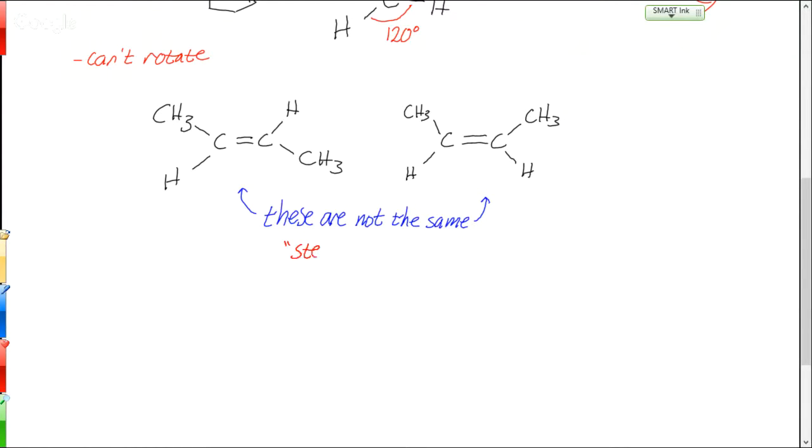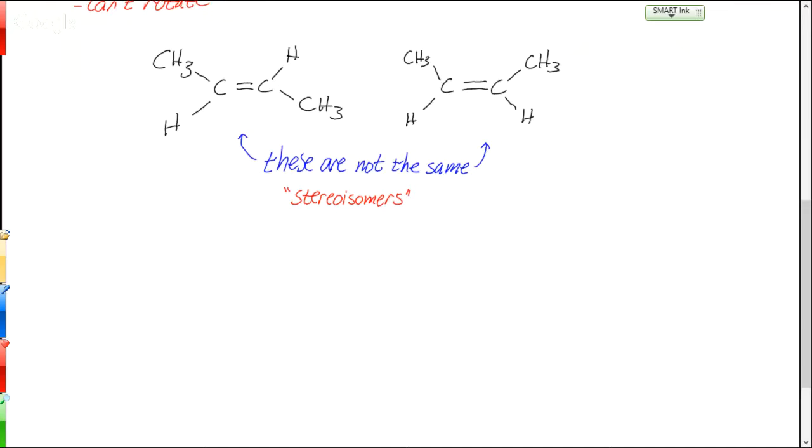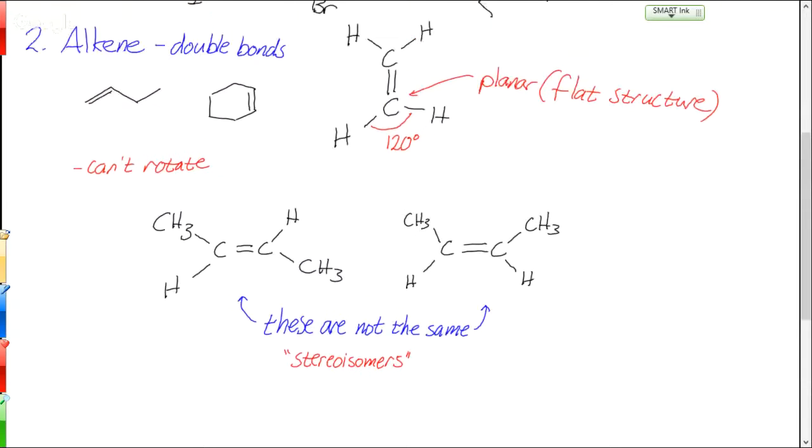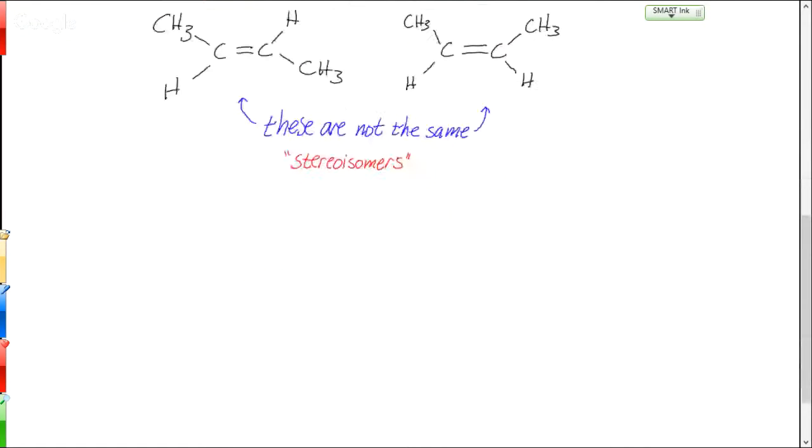These are actually called stereoisomers. So that's an interesting function of alkenes.